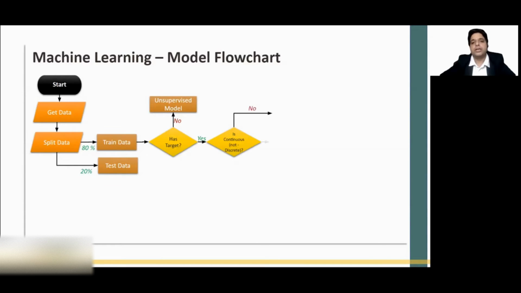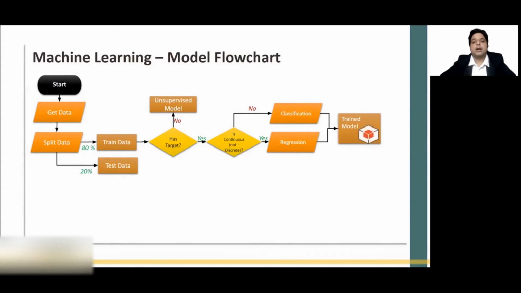Here we are doing regression. That means our target is price, which is continuous. It can take any number, and that will be considered for a regression model. In this case, the no is not going to come into the picture.